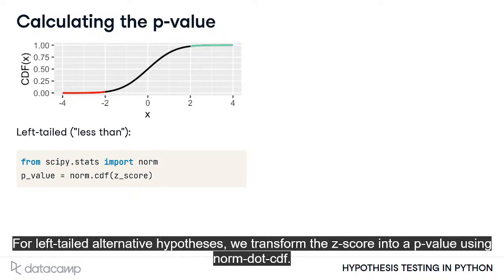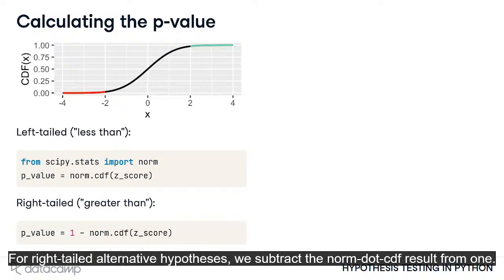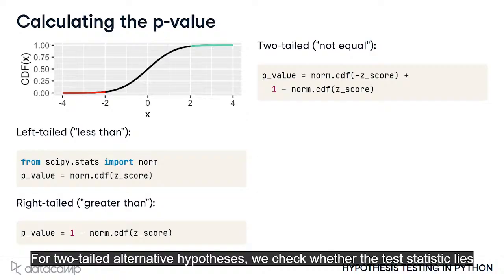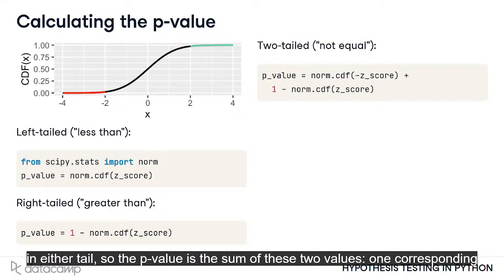For left-tailed alternative hypotheses, we transform the z-score into a p-value using norm.cdf. For right-tailed alternative hypotheses, we subtract the norm.cdf result from 1. For two-tailed alternative hypotheses, we check whether the test statistic lies in either tail, so the p-value is the sum of these two values, one corresponding to the z-score and the other to its negative on the other side of the distribution.